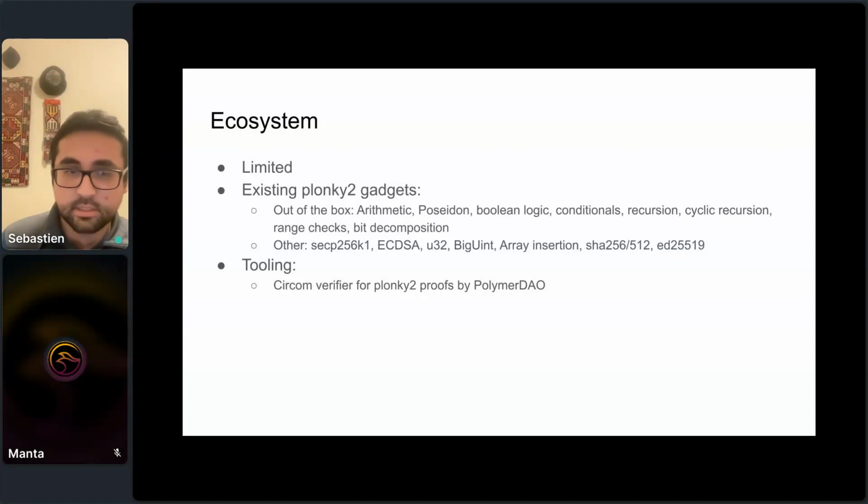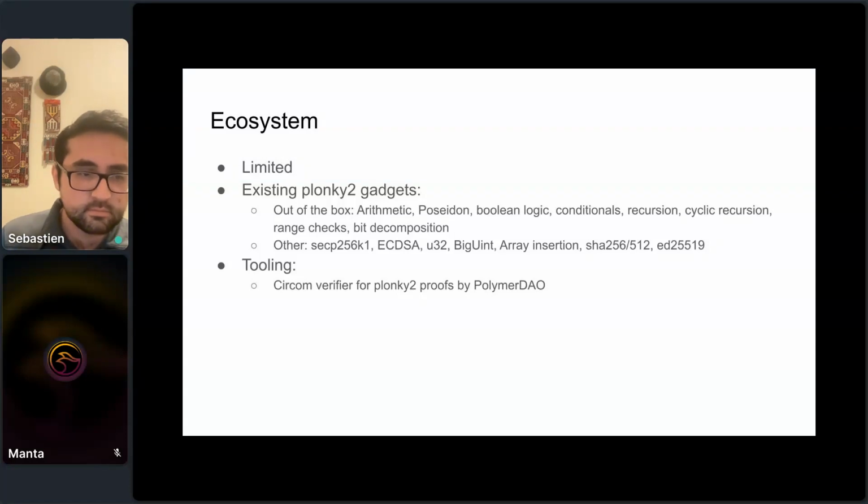However, the Plonky2 ecosystem is starting to pick up. We have a lot of gadget libraries built out of the box, and there are actually some more being built as we speak.